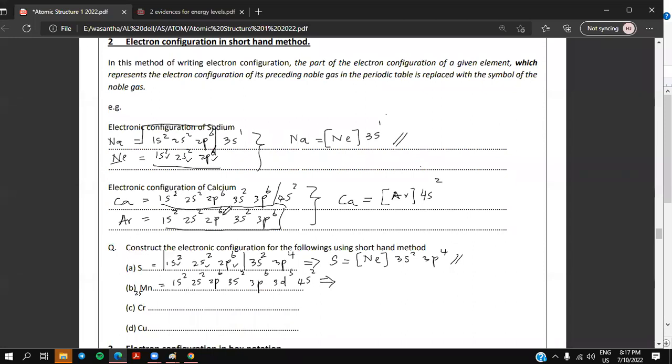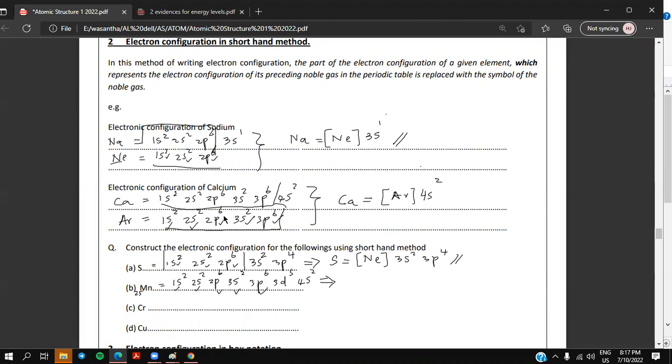What is the preceding noble gas to manganese? That means what noble gas is found before manganese. The preceding noble gas of manganese is argon. Argon electronic configuration, you can see 1s2 is here, 2s2 here, 2p6 here, 3s2 here, 3p6 here.